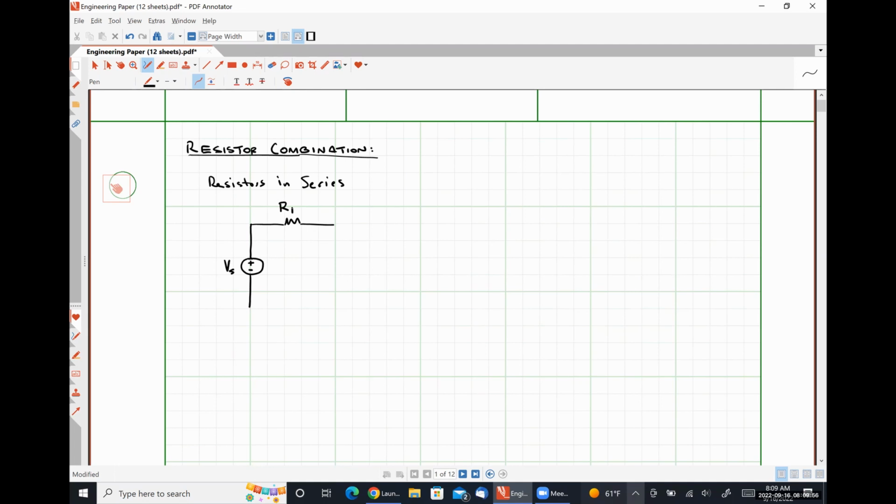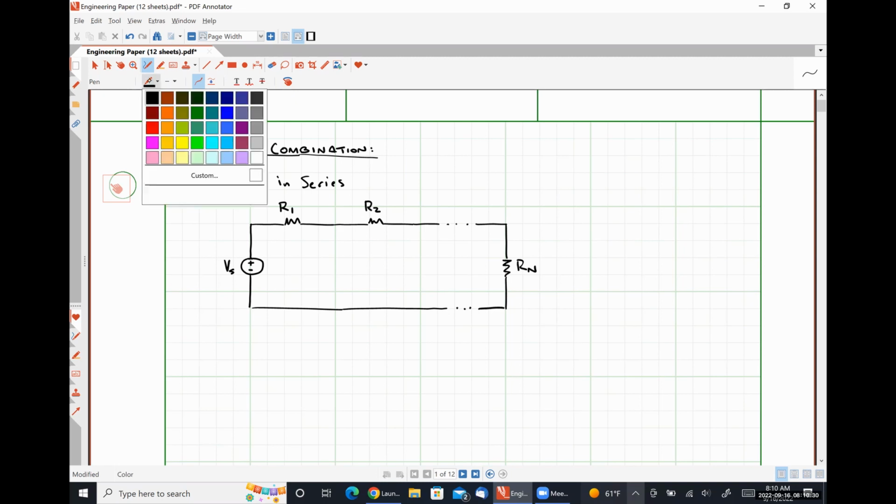Let's call this guy R1, this guy R2, all the way out to some nth resistor that is also connected in series. Like so. This is an example of a single loop circuit like we dealt with in class on Wednesday.